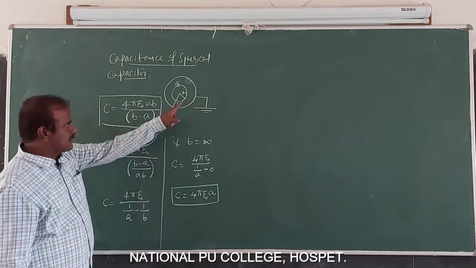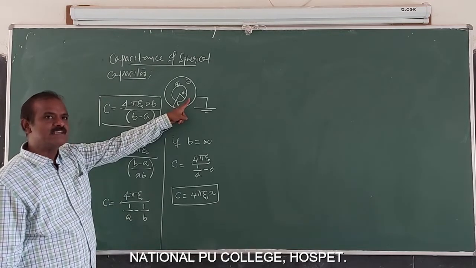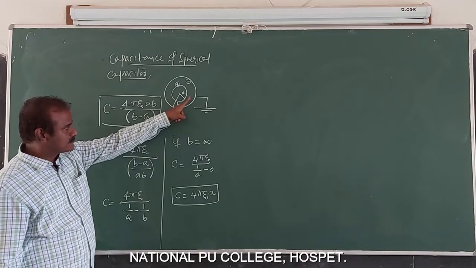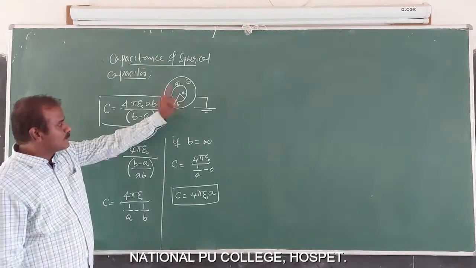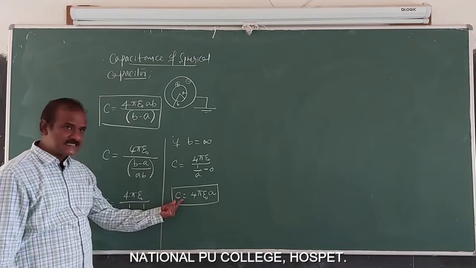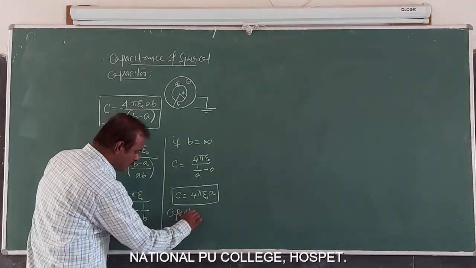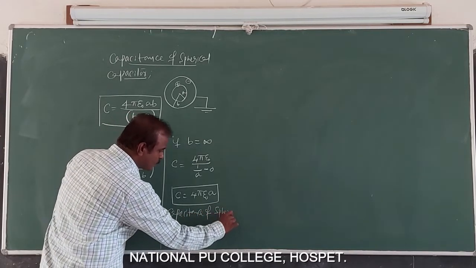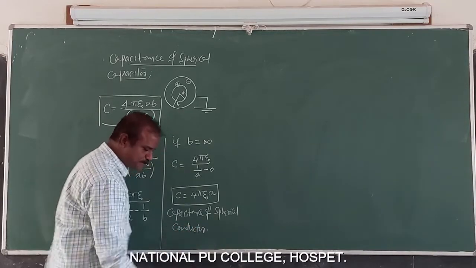Considering the second spherical conductor whose radius is infinity, meaning the second spherical conductor is at infinite distance from the first, then you will get this result. And what is this result, you know, students? This is the capacitance of a spherical conductor.